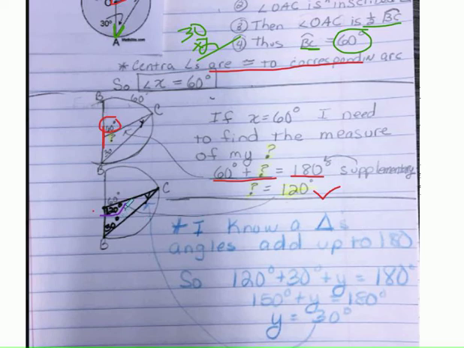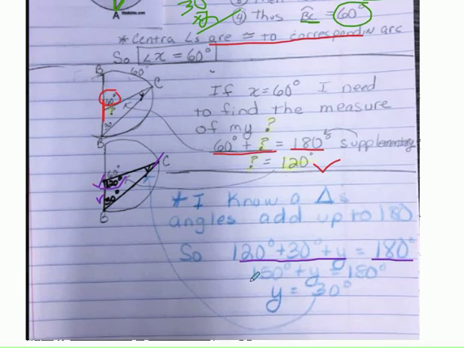So 120 plus my 30 plus my y have to equal 180 degrees, the sum of the triangle theorem. This is something you should know from the past. So 120 plus 30 is 150, plus y equals 180. Subtract 150 from both sides. So y equals 30 degrees.